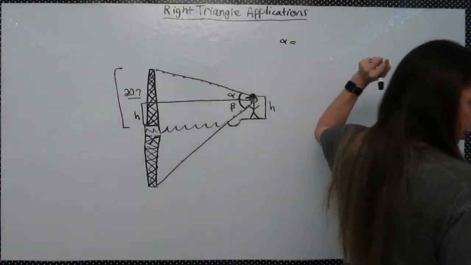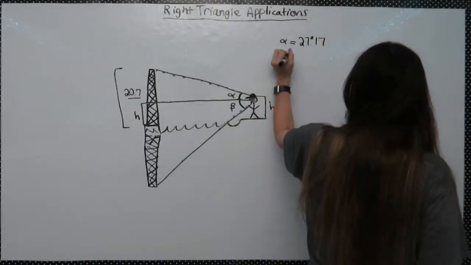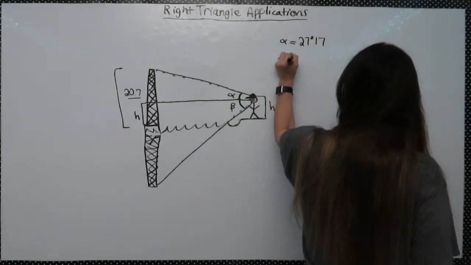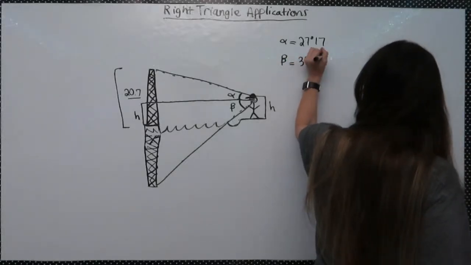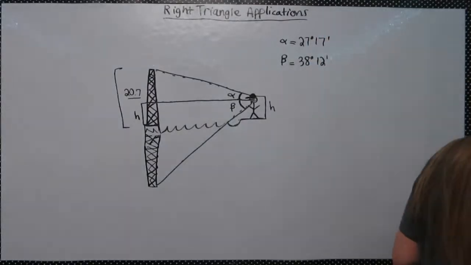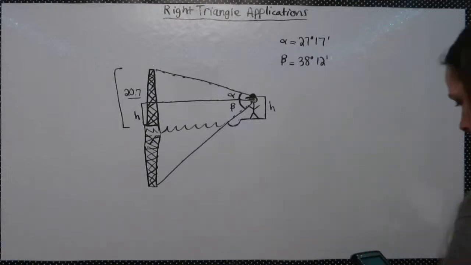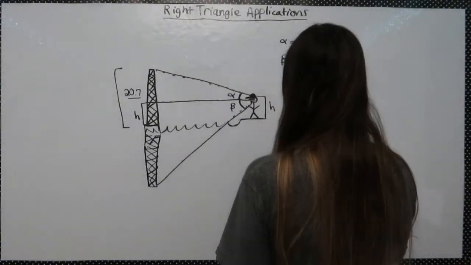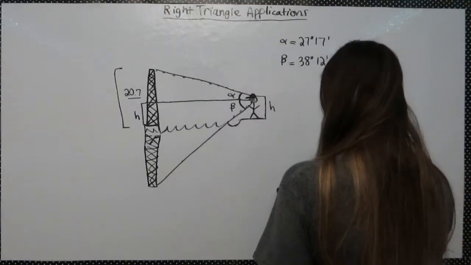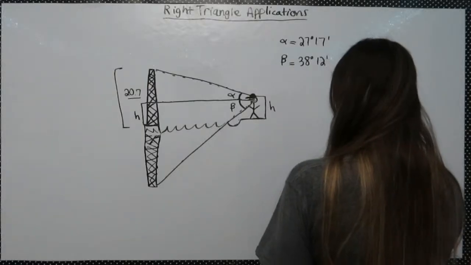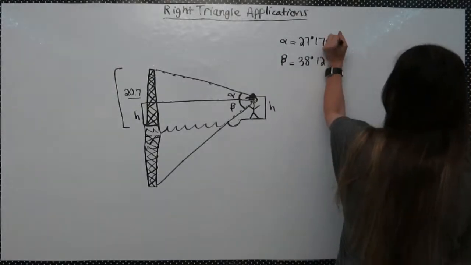Alpha was 27 degrees and 17 minutes. And beta was 38 degrees and 12 minutes. And if we wanted to, we could go ahead and plug into the calculator and get a decimal. 27 degrees and 17 minutes is approximately 27.2833 repeating.